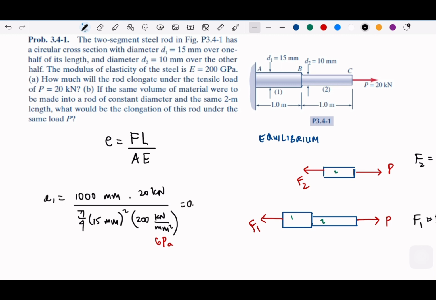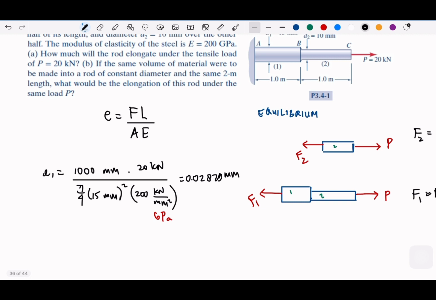which is 0.02829 millimeter. Oh wait, we need to multiply with 20 kilonewton.